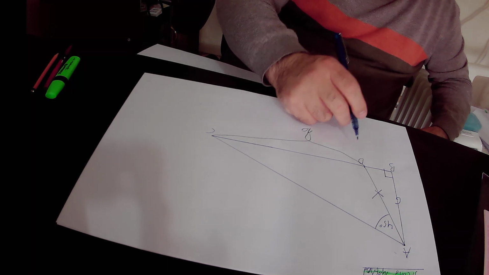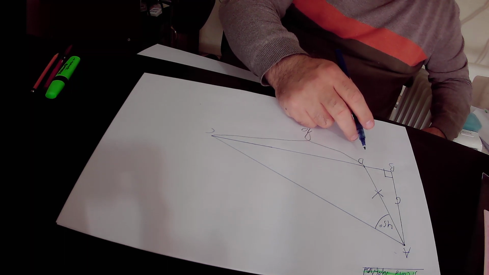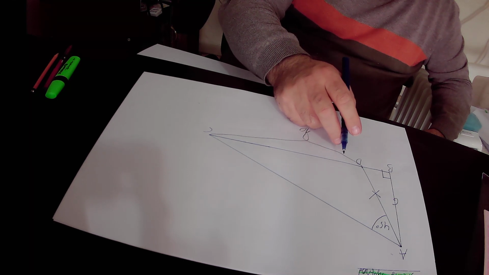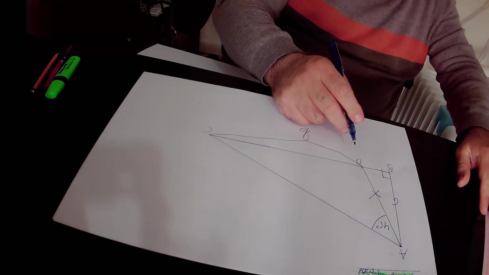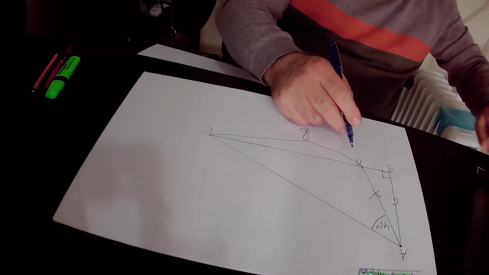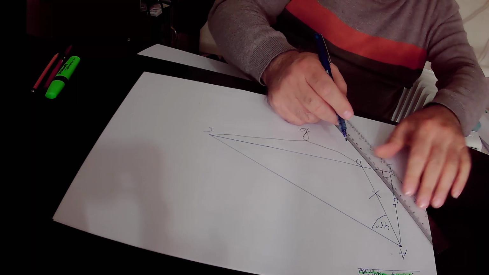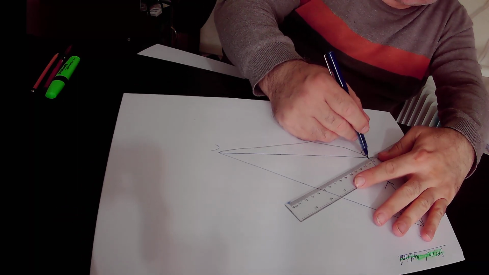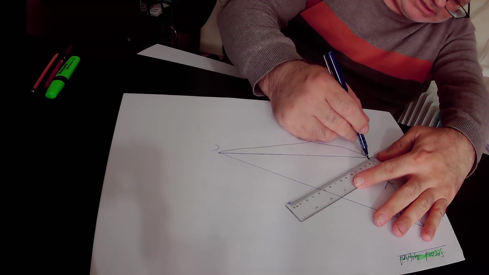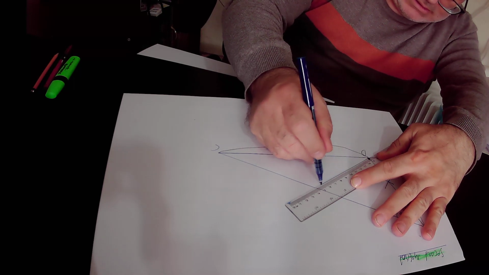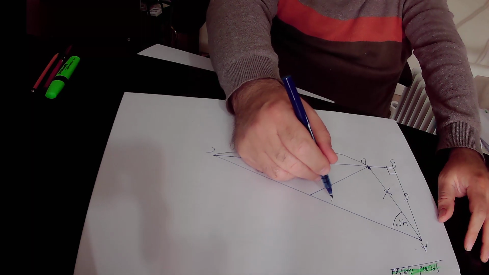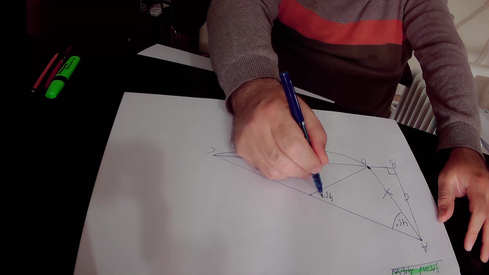From point D, we draw a straight line on AC in such a way that the angle created is equal to 45 degrees. So the straight line is drawn in such a way that this angle equals 45 degrees.